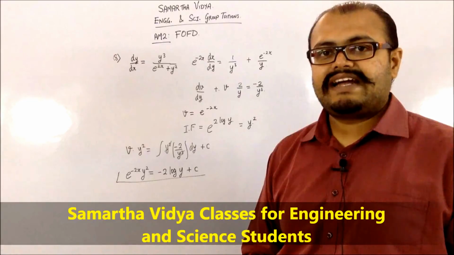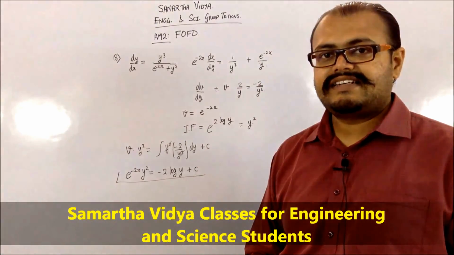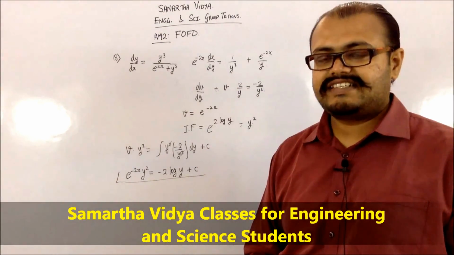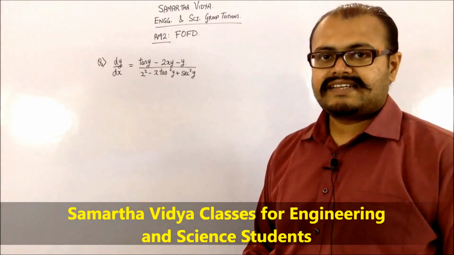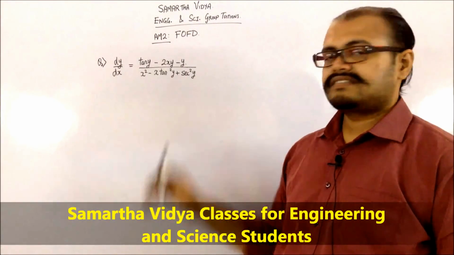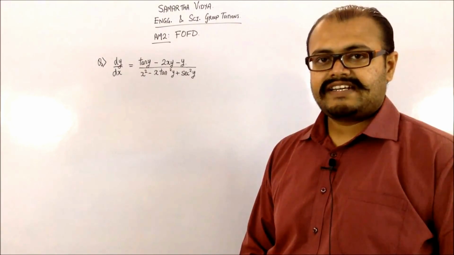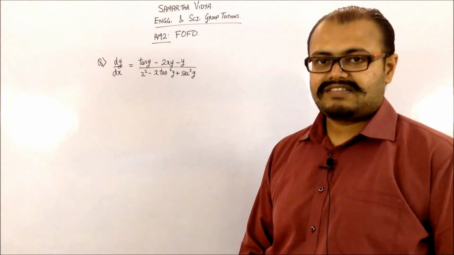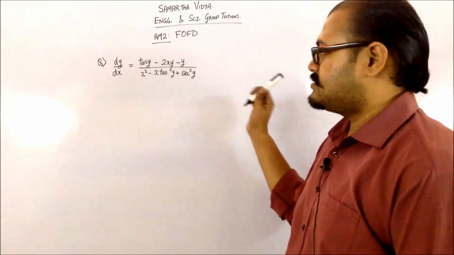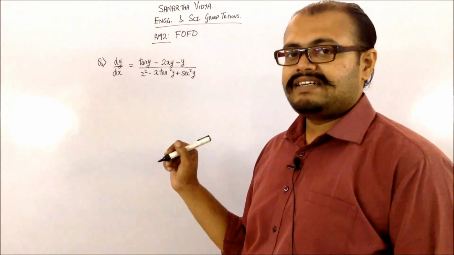So let's have a look at one more problem related to your first order, first degree differential equation. Coming to the next question, dy by dx is equal to this term. The first step is finding whether it is an exact differential equation or not. For that you need to cross multiply this.